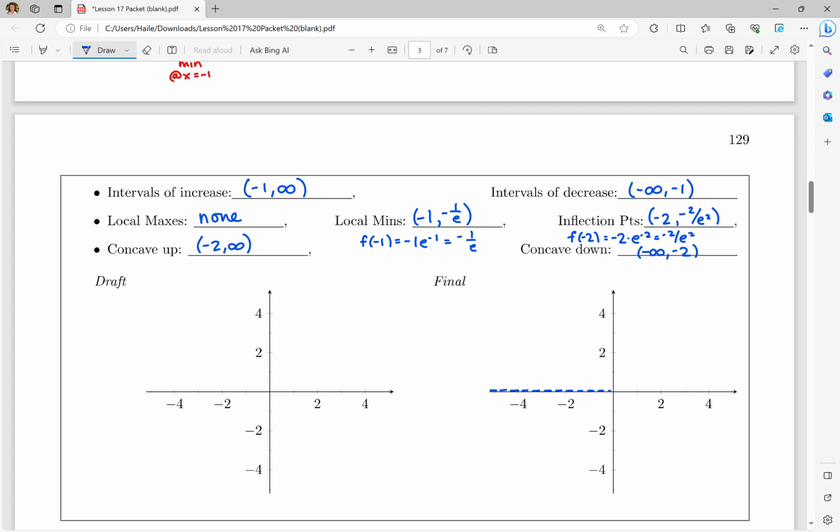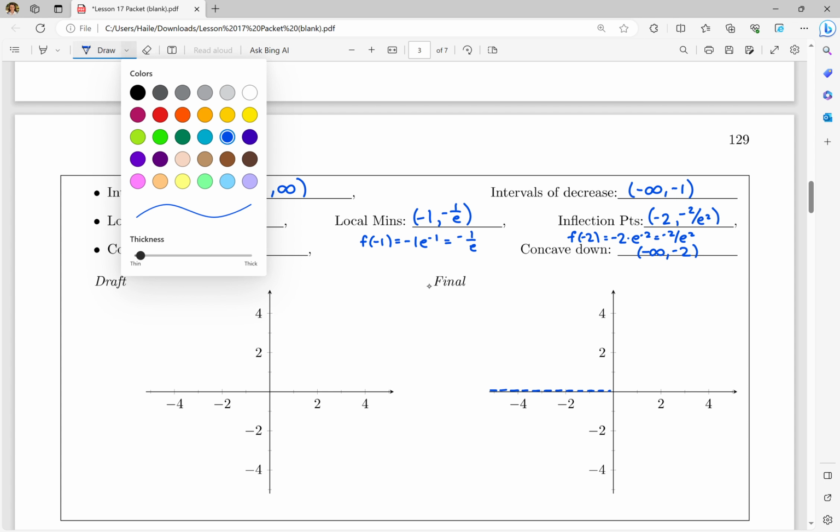Now we probably want to put in our extrema. So we know that a local min is negative 1 comma negative 1 over e. So you're probably like, what is 1 over e? Well, let's see, so we can put it on the y-axis correctly. Negative 1 divided by e is equal to negative 0.36.